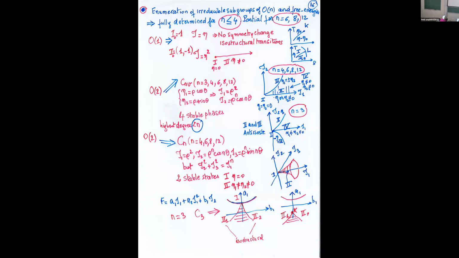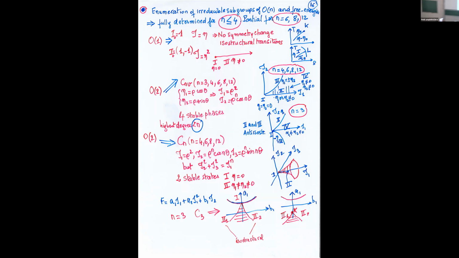What is interesting in this notation is that you can write eta1 and eta2 in polar coordinates. So you have one invariant which is rho square, and the other invariant which is rho^n cosine n theta.